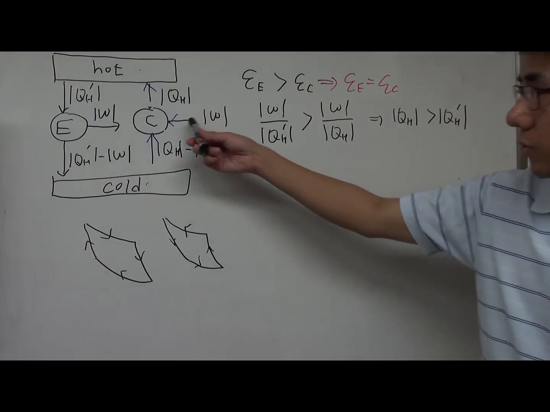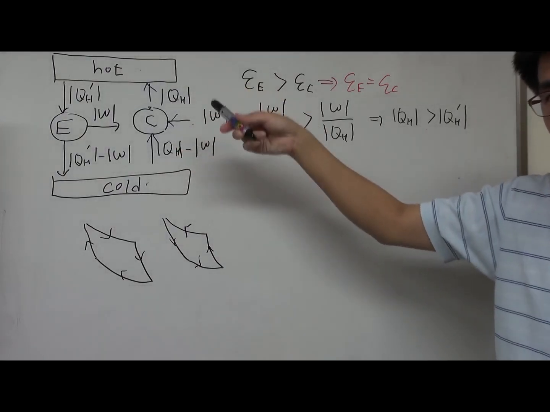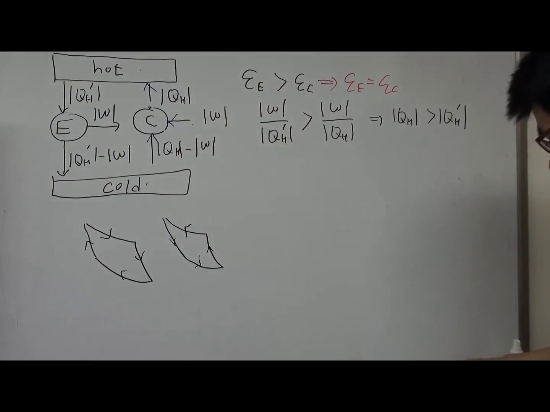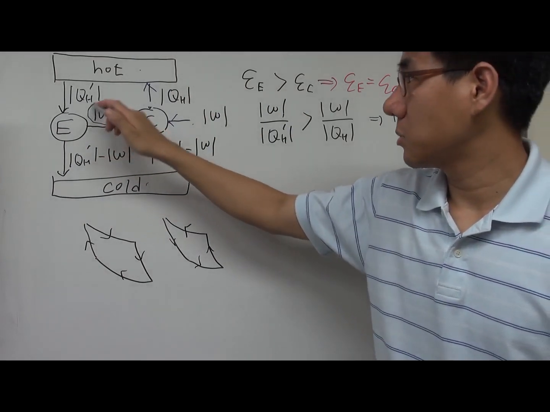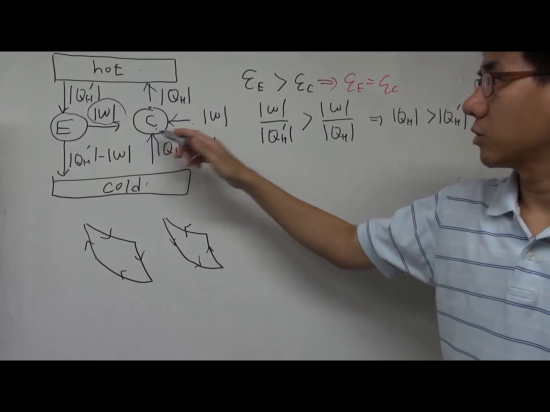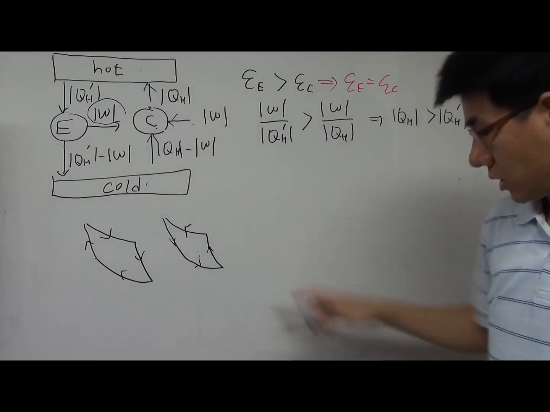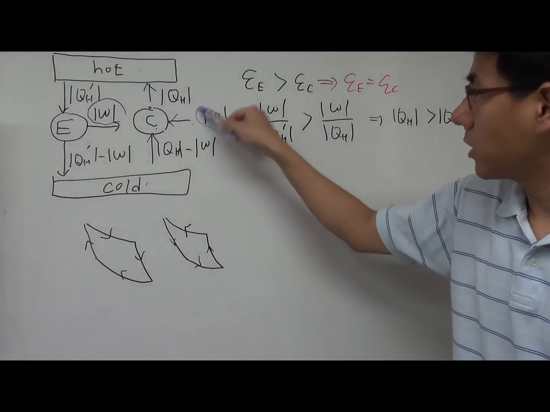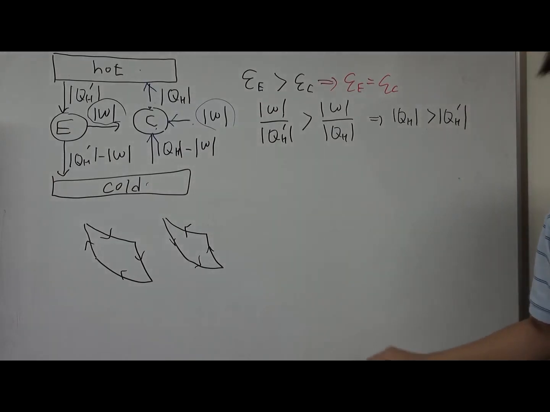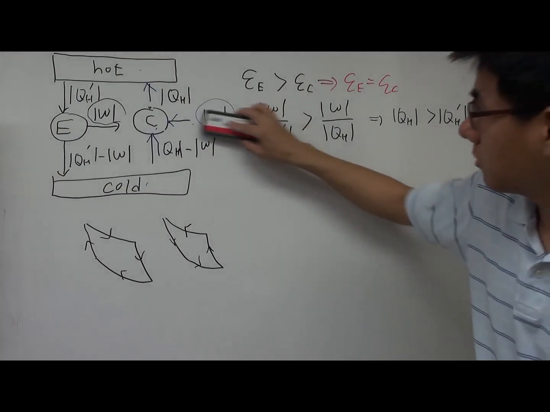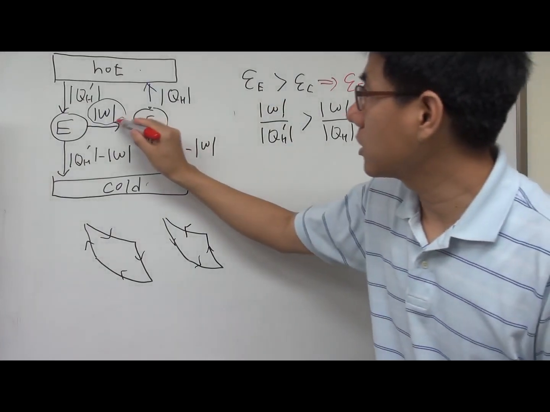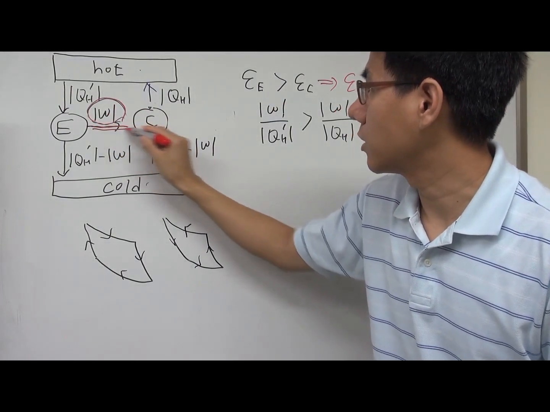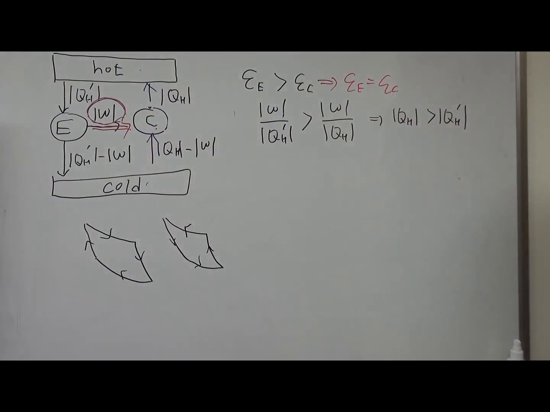And we could run the Carnot cycle backwards. Interestingly, this engine E does this amount of work, and to run the Carnot cycle backwards, we need the same amount of work. Interesting, right? Then we can simply use this work to run the Carnot cycle backwards. Same amount of work, right?